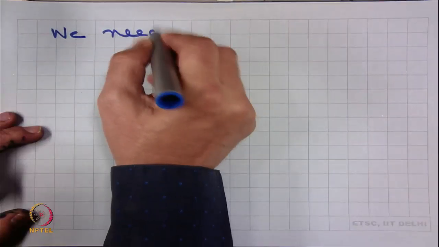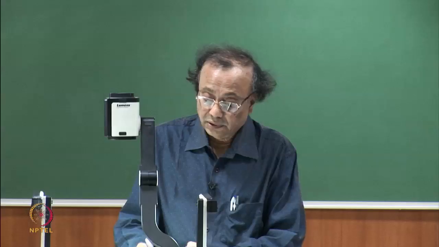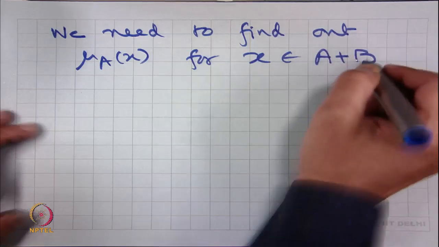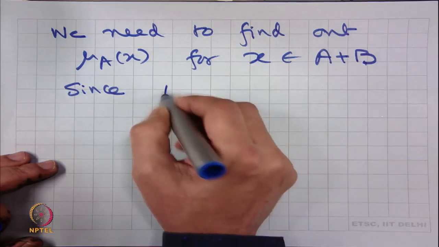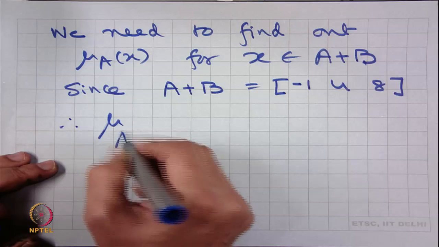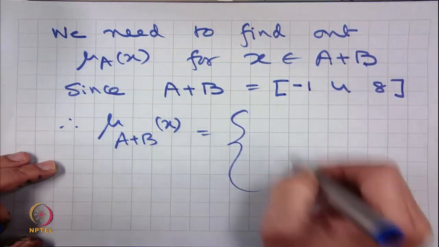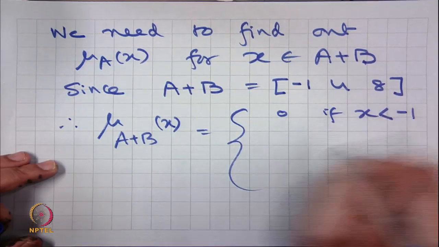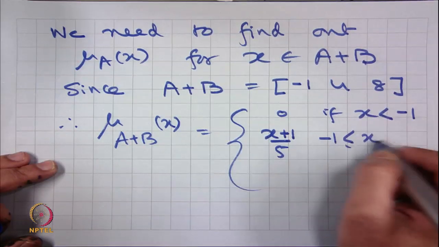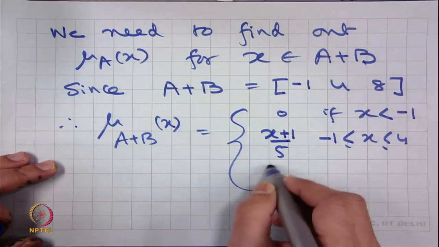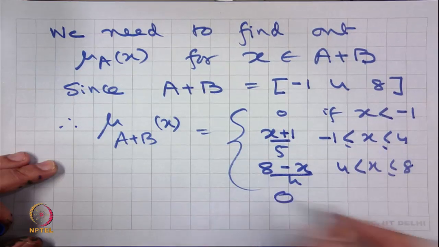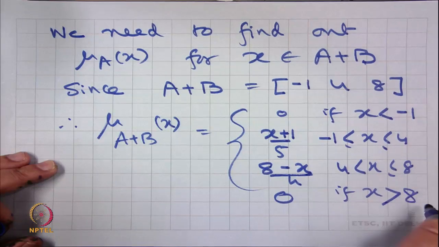Now, we need to find out mu A plus B of x for x belonging to A plus B. Since A plus B is equal to (minus 1, 4, 8), mu A plus B of x is equal to 0 if x is less than minus 1, (x plus 1) upon 5 for minus 1 less than or equal to x less than or equal to 4, (8 minus x) upon 4 if 4 less than x less than or equal to 8, and 0 if x is greater than 8.